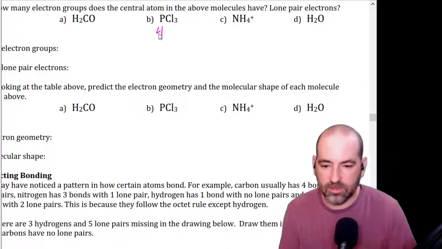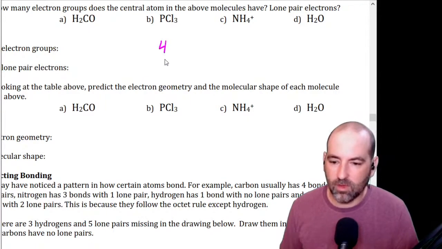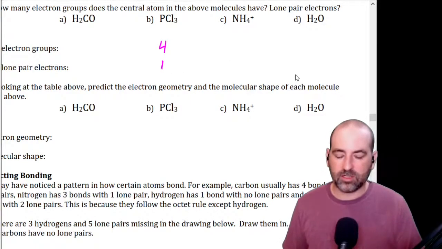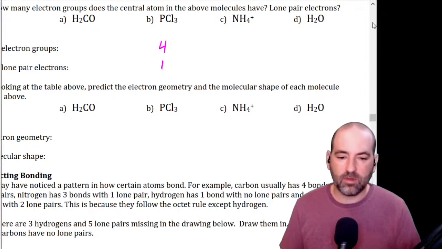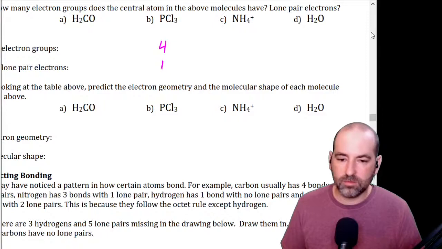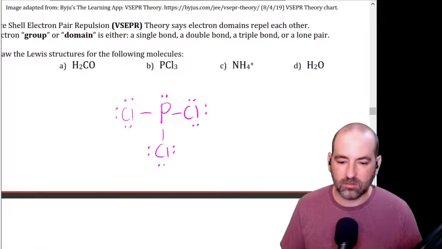Oh, wait, there's a spot for this. Sorry. So 4 total electron groups, and 1 lone pair of electrons, so 1 non-bonding pair of electrons. So now we can look at the table and say, all right, if we have 4 groups and 1 lone pair, what kind of shape would we have? 4 groups, 1 lone pair. That's going to give us trigonal pyramidal geometry.